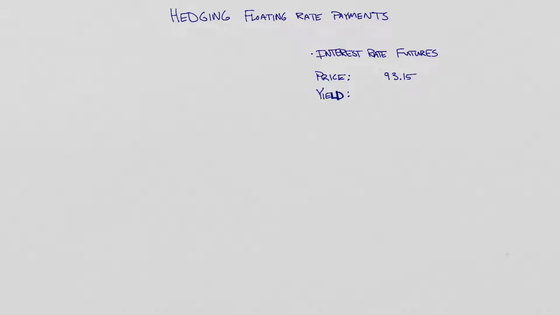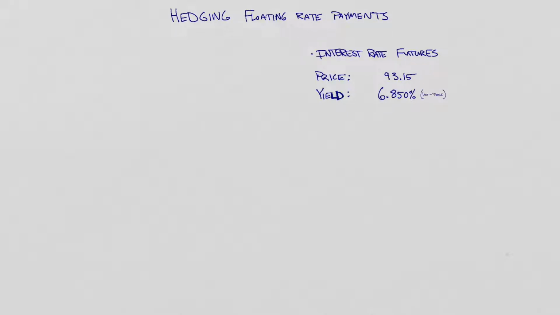The way we get it is by taking 100 minus this price that we see above. So for this futures contract, we get a yield of 6.85% by taking 100 minus 93.15.